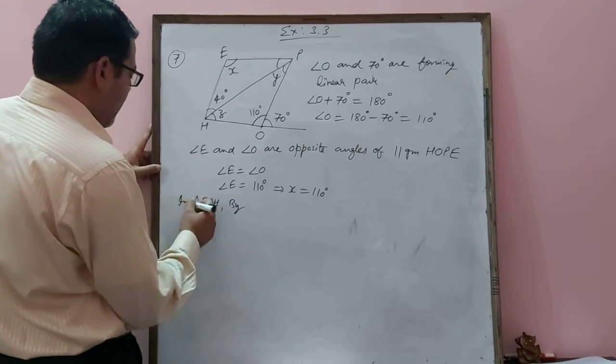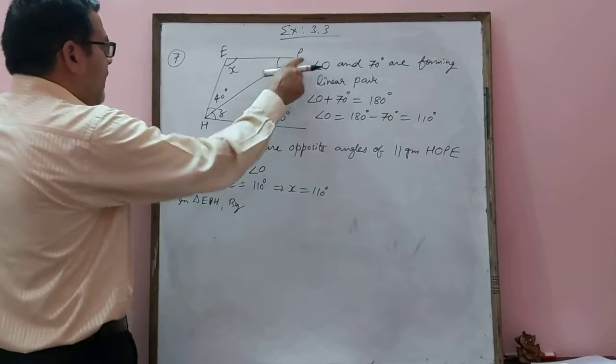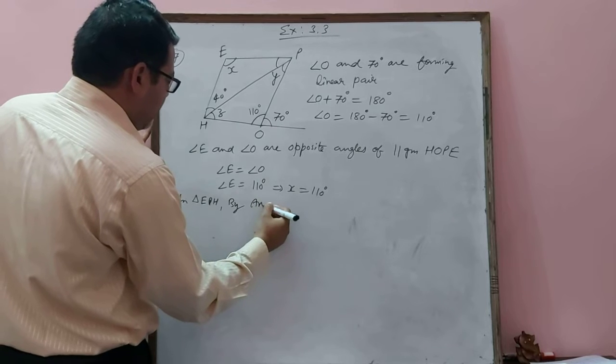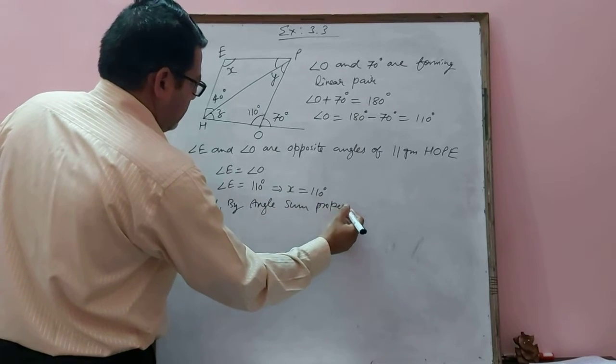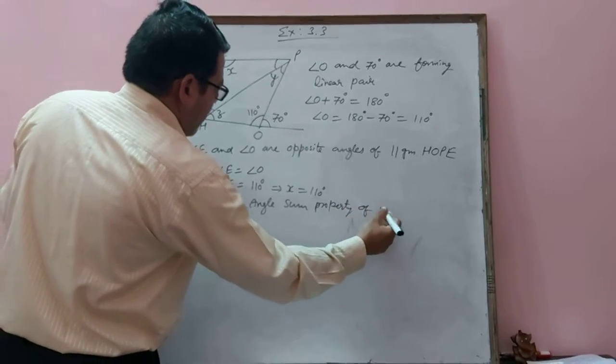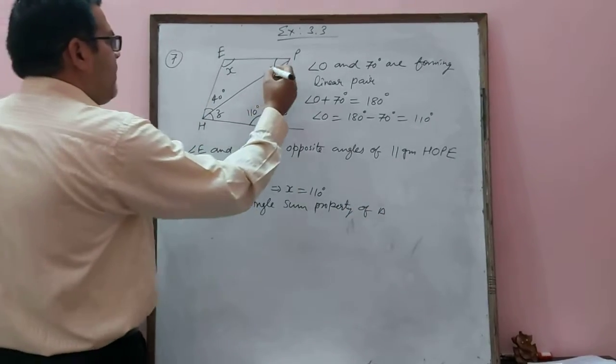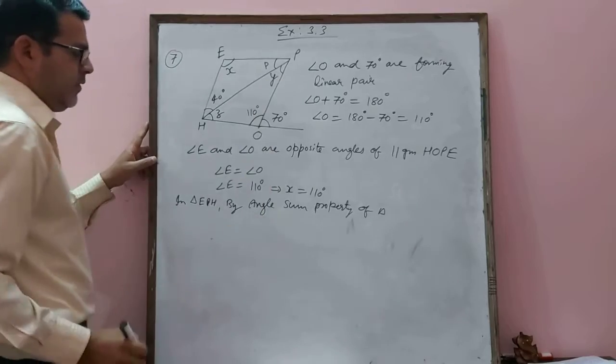So in triangle E, P, H by angle sum property of triangle, and let me name this angle, suppose this is angle P, right?